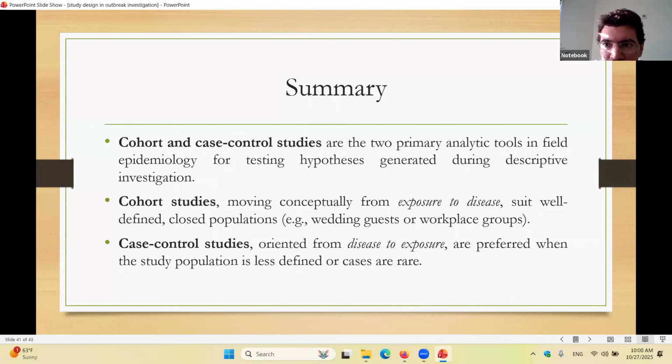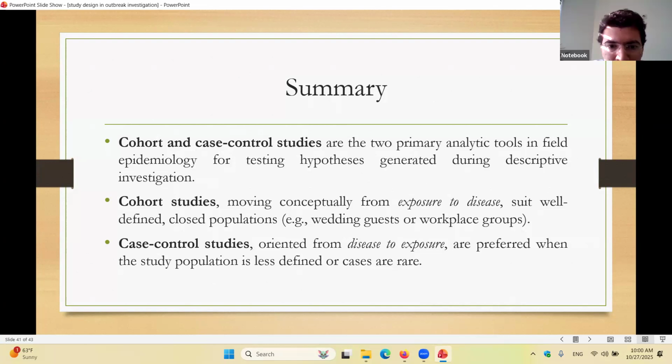So I repeat again, descriptive investigations generate hypotheses for analytic investigation.